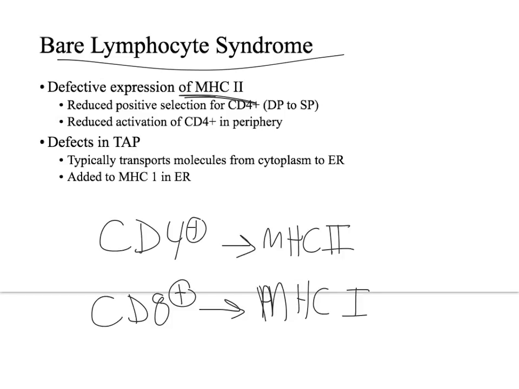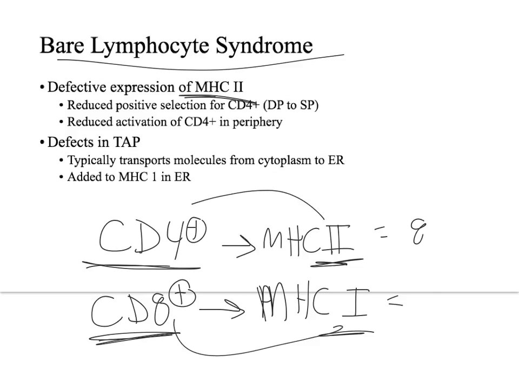So you remember the rule of 8: CD4 T cells get activated by MHC class II, CD8 T cells get activated by MHC class I. 4 times 2 equals 8, 8 times 1 equals 8, so the rule of 8s. And if you have a decreased expression of MHC class II, then you're not going to activate your CD4 T cells, it just isn't going to happen.